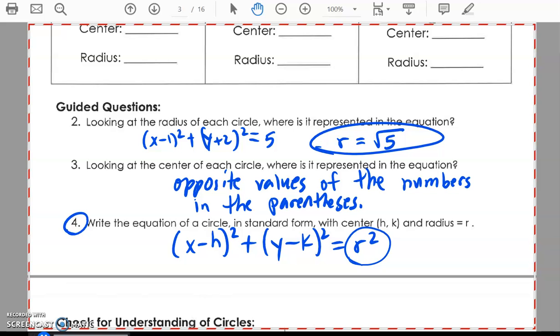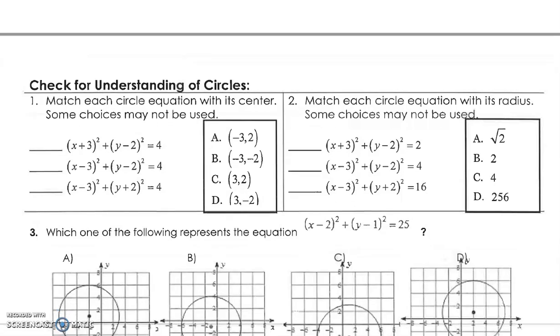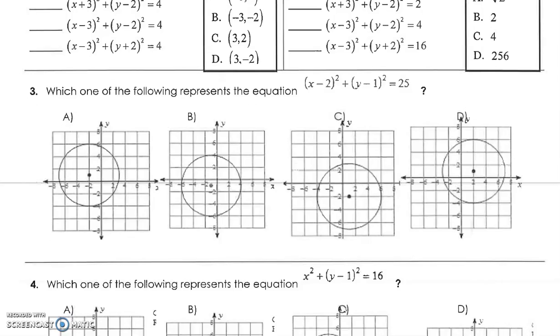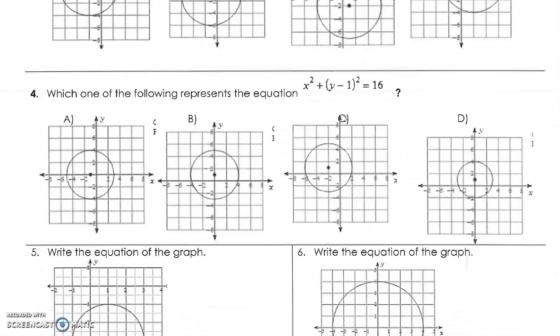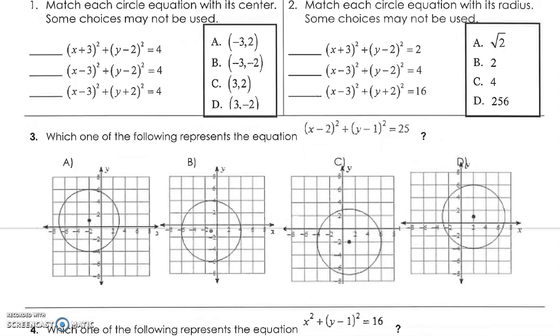So on the next page, what I'm going to ask you to do is pause the video, okay, and try these problems, and then you can unpause the video and check them, okay?